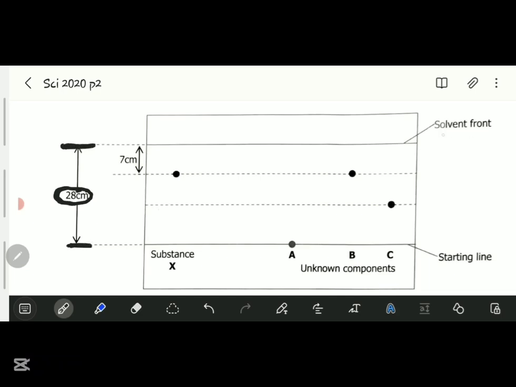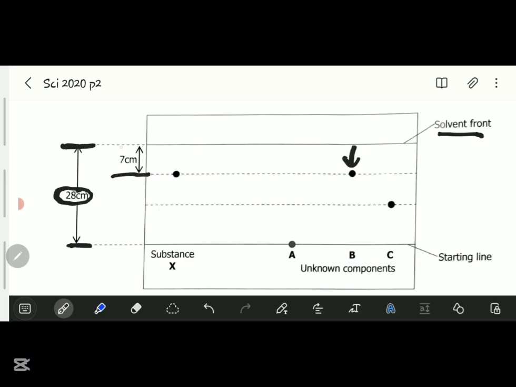So they're saying the solvent front. So B, where is B? B is here, and the distance, we've been told that it is 28.